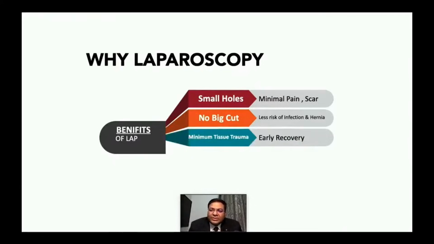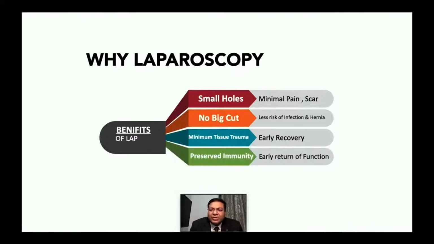Then in laparoscopic surgery, there is minimum handling of tissue. We have 4K high definition vision, a robot camera system, a 3D system to visualize the problem precisely, and then we attack the problem precisely. So we need not handle much of the tissue, so recovery is fast.